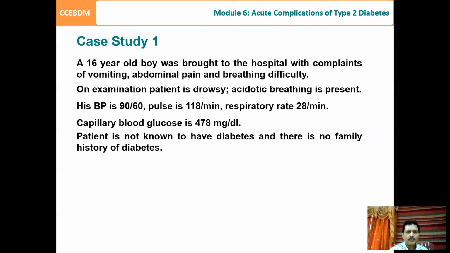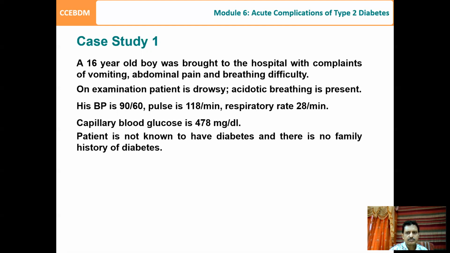On examination, the patient is drowsy, with acidotic breathing, and the blood pressure was low. Pulse was 118, respiratory rate 28 per minute, and capillary glucose is 478. The patient is not known to have diabetes, and there is no family history of diabetes. So this is a very, very typical history which we find in this particular case.